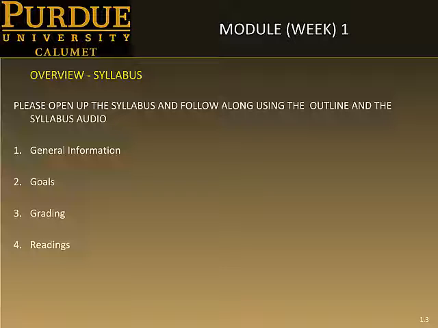The first is general demographic information. The second section is the section for goals for the course, which will include both goals and standards. The third is the grading for the course, and the fourth is the readings section. Please look at the notes below this slide.